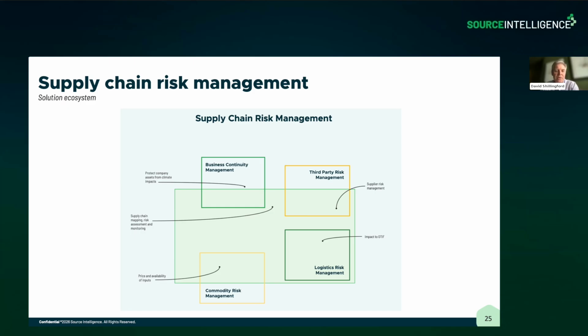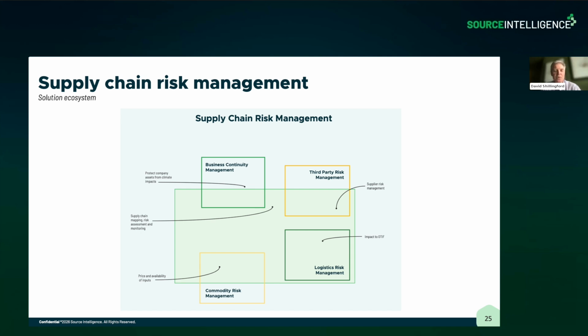And most enterprises are looking at this in a few different buckets. So they might not think of this in terms of the box in the middle. If you look in the top left, there is business continuity. They're looking at the continuity of business related to assets that are owned and controlled by the enterprise.